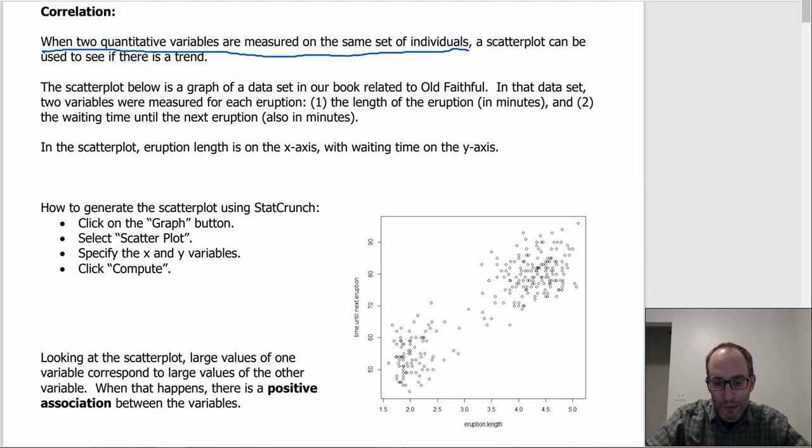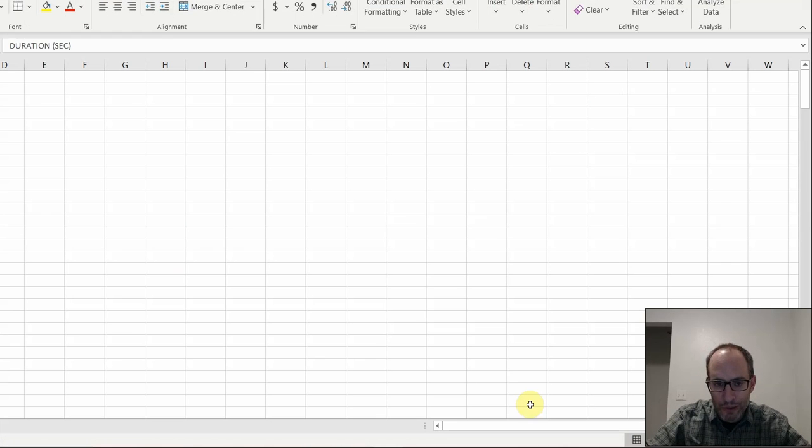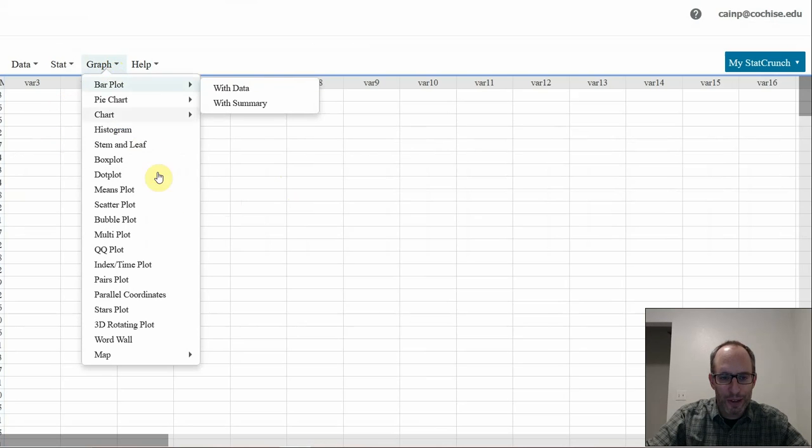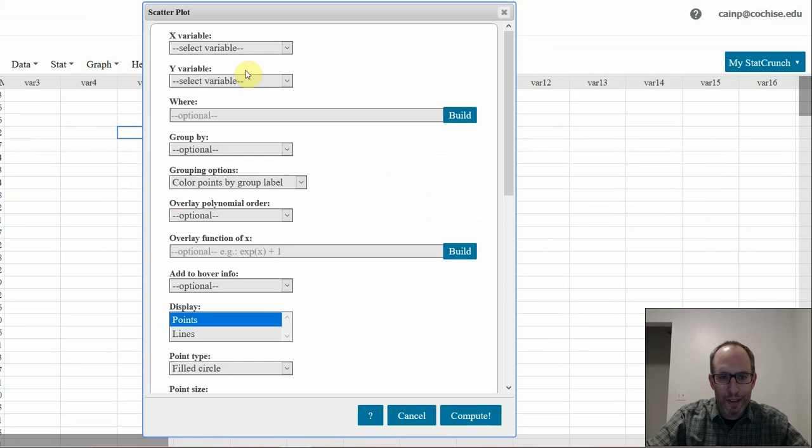All right, so to go through this, there's Old Faithful. I copy this data with Control C, and then in StatCrunch, Control V. So there's my data. Then I go to graph, then scatter plot, and the variable on the x-axis was the length or duration. I'll just mimic the graph that I have in the notes.